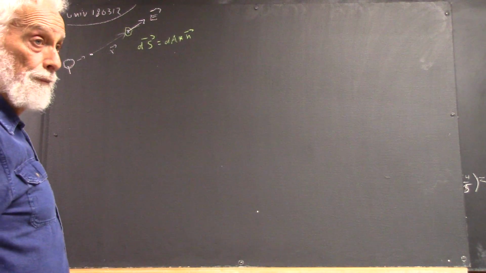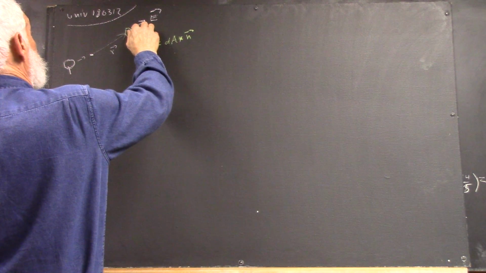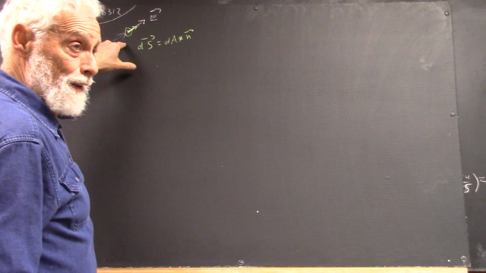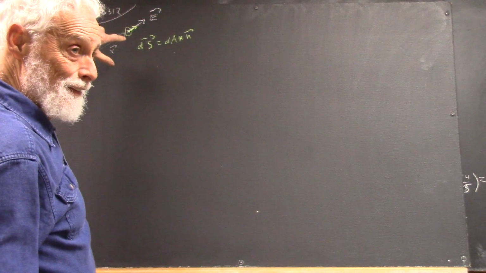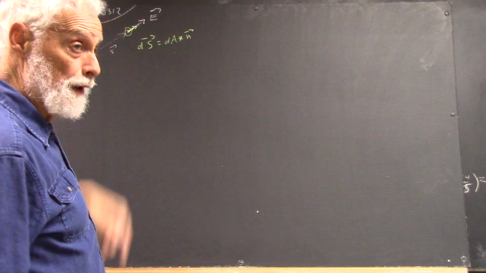Okay? And the unit normal, of course, is in the same direction because normal to a sphere is perpendicular to its surface at that point. Perpendicular to all tangent lines. Okay?